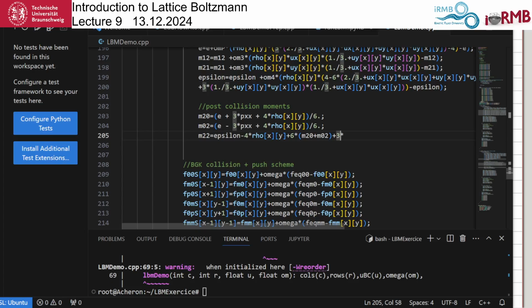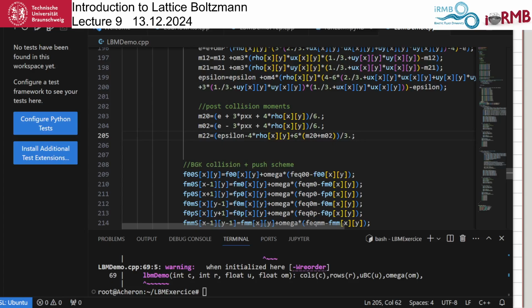Plus 3 times, wait, I have to divide by 3. I have to divide the entire thing by 3, obviously, because this was multiplied by 3. Okay, so then I'm done with this transformation.